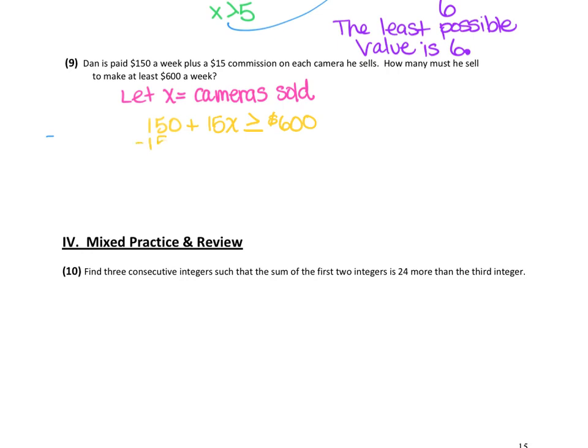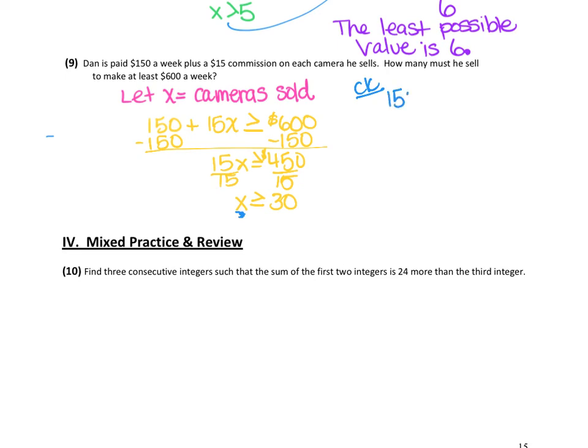I am going to subtract $150 from both sides. It's going to give me 15x is greater than or equal to $450. And I divide by 15 on both sides. Gives me x is greater than or equal to 30. When I check this one, I'm going to use something that is greater than 30. I'm just going to use 31.